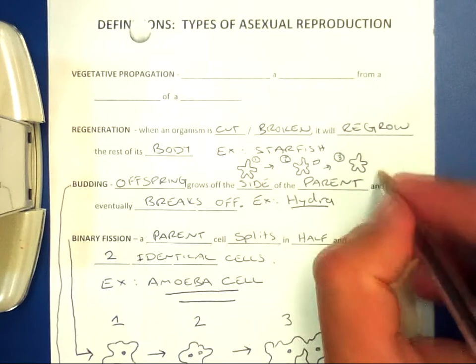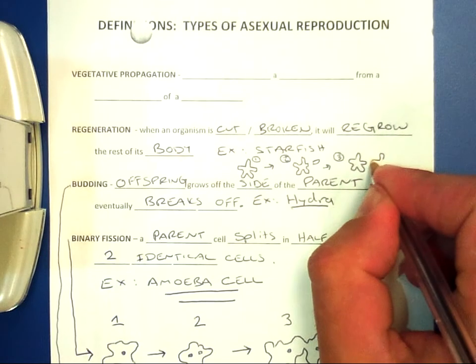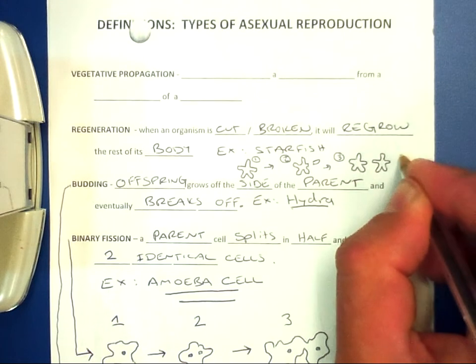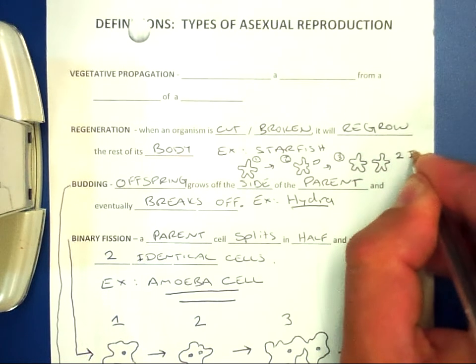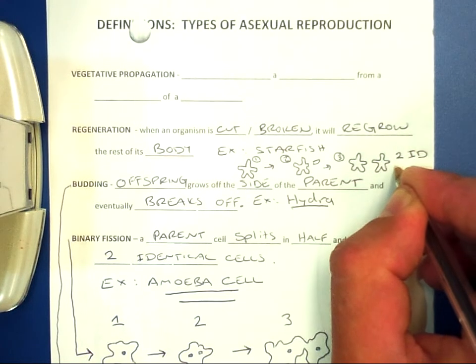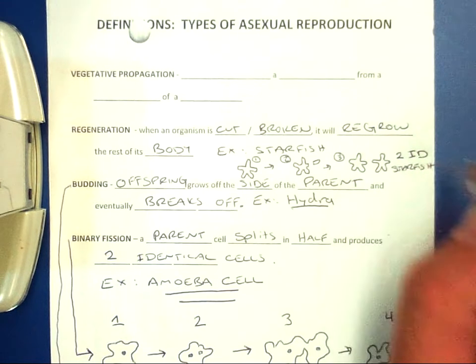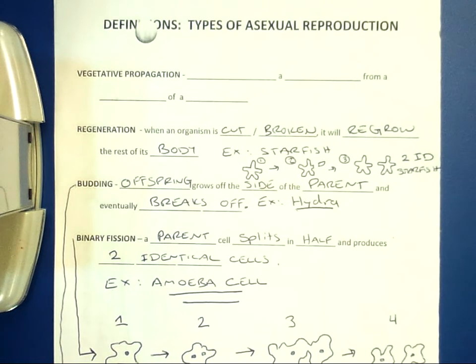You end up with two identical starfish. So they both grow. So the one regrew its arm, and that arm grew an entire new starfish. That is called regeneration. There are worms that do that as well. You can cut a worm in half, it will regrow a tail, and one will regrow a head.